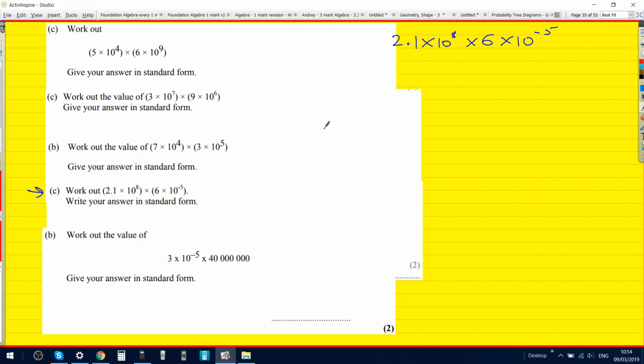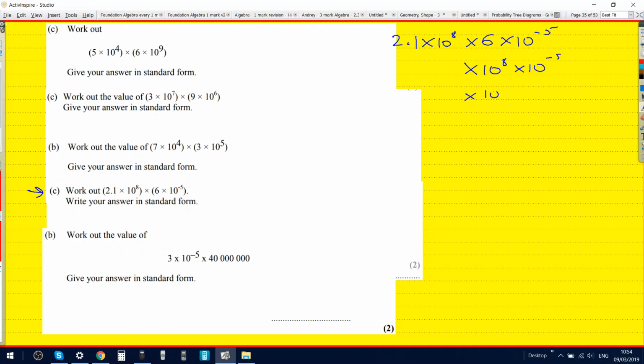So would you be timesing by 10 to the power of 3? Yeah. So would you quickly do 2.1 times 6?